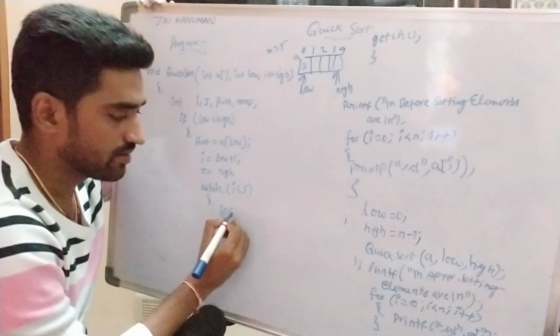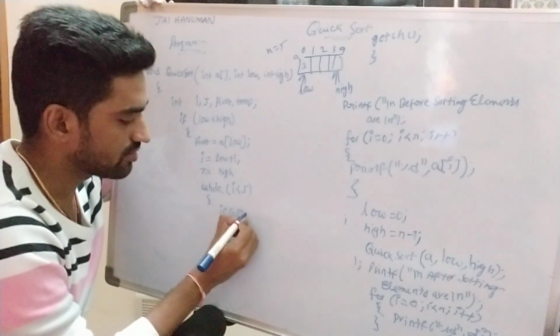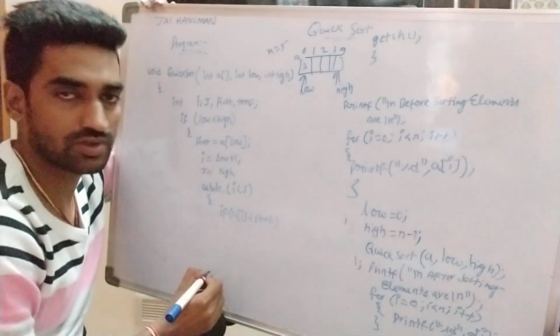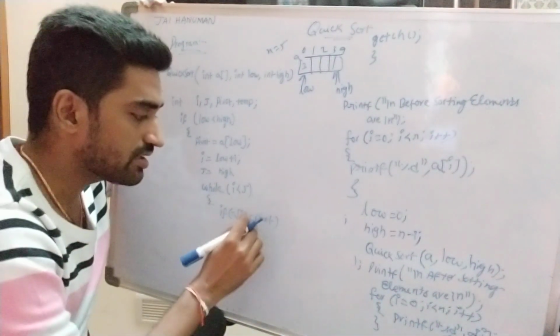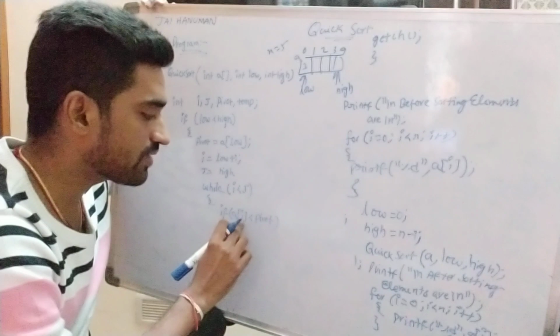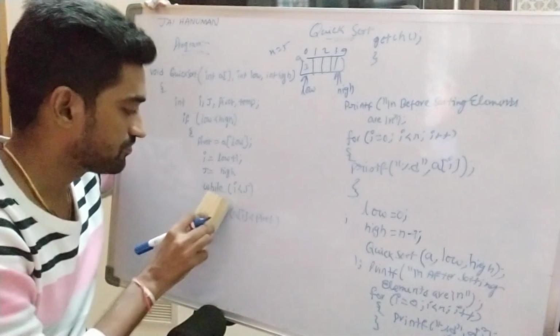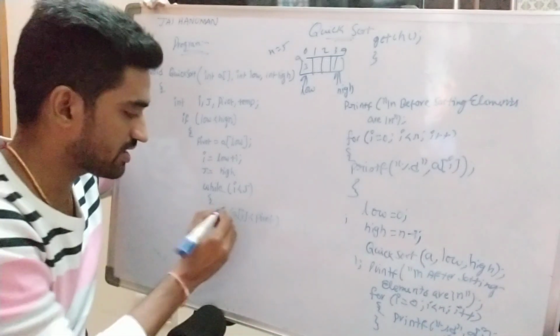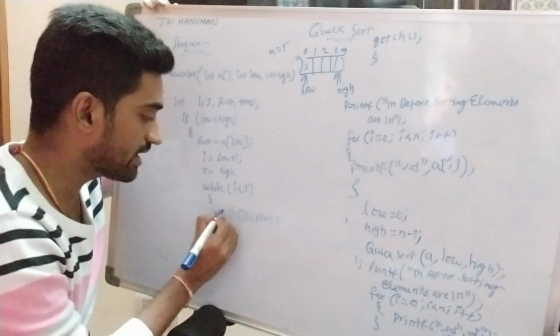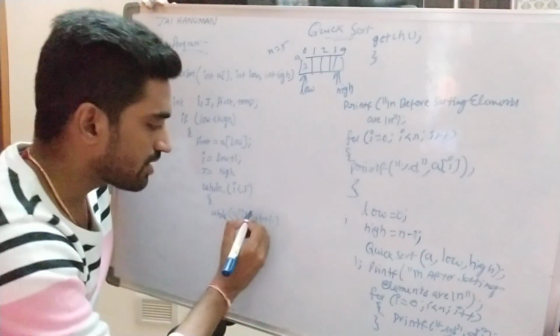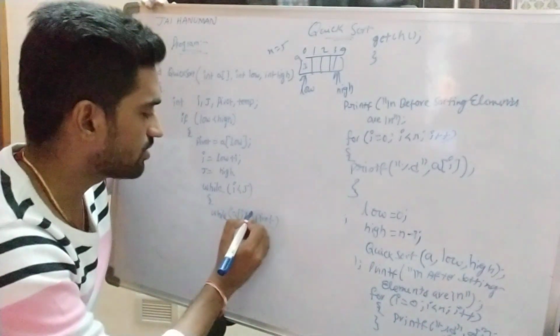If a of i less than pivot. Generally in the algorithm I am writing while a of i less than or equal to pivot, right? Sorry, while. In the algorithm I am writing while a of i less than or equal to pivot.